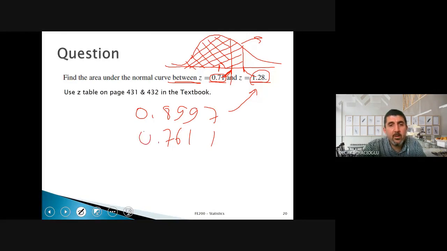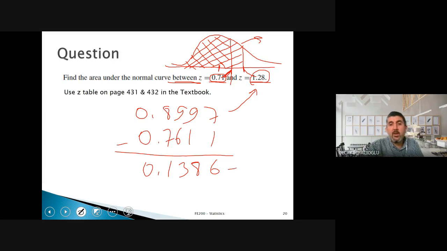Just subtract them. 7 minus 1, 6. 9 minus 1, 8. 9 minus 6, 3. 8 minus 7, 1. This is the area under the curve between these two z-scores.